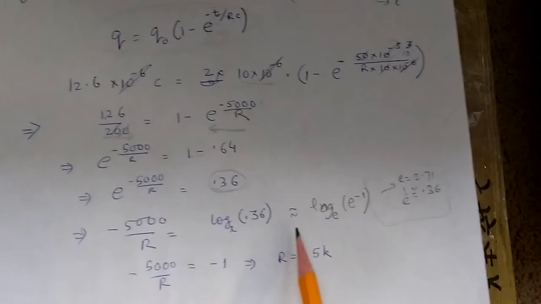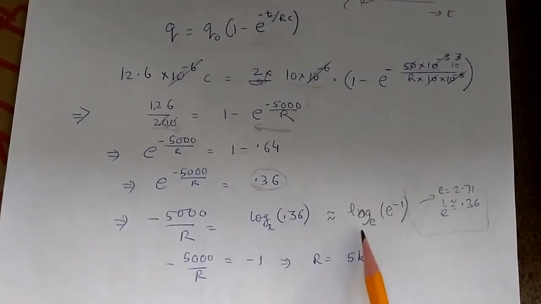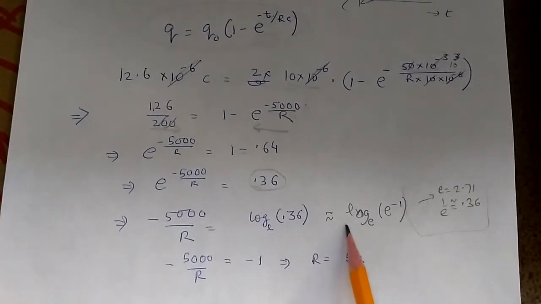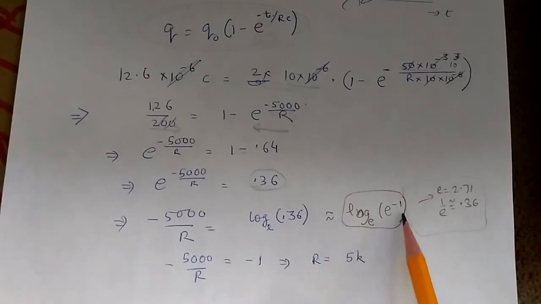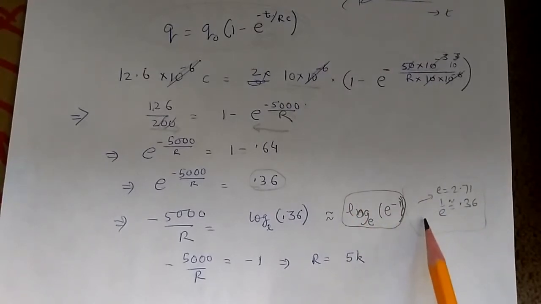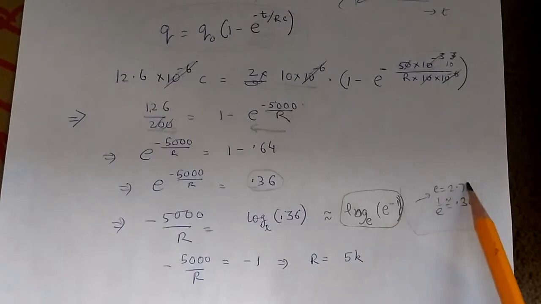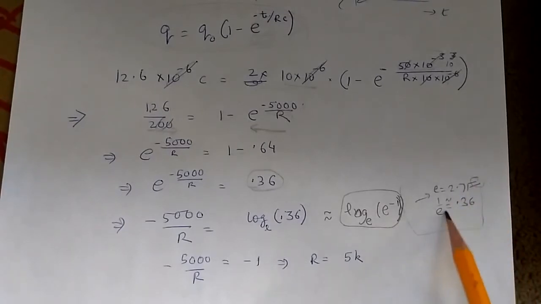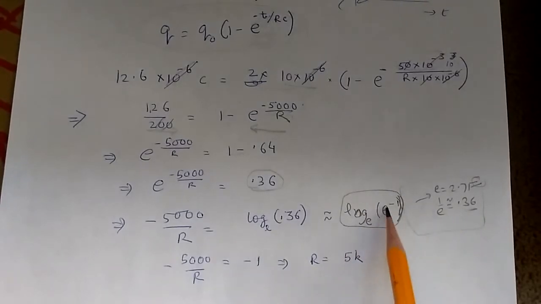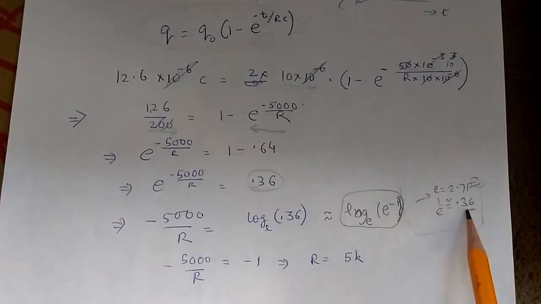And here a couple of things we need to remember for the examination, and one of them is that the natural log of e to the power minus 1 is equal to minus 1, and 0.36 is about 1 upon e. The reason for this is e is 2.71, so 1 upon e is about 0.36. 1 upon e is nothing but e to the power minus 1. So if we take the logarithm of e to the power minus 1, this is nothing but minus 1, corresponding to 0.36.